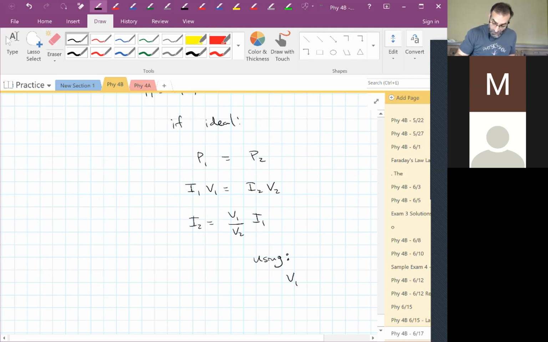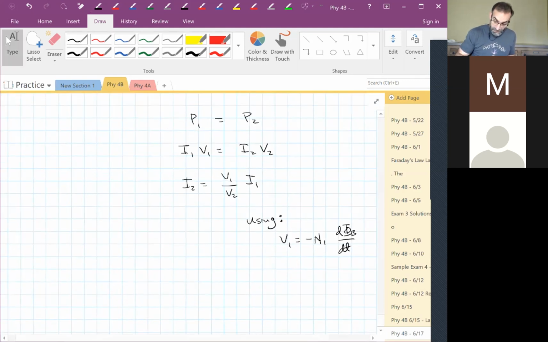Faraday's law: the voltage on 1 is minus N1 dΦ/dt, and the voltage on 2 is minus N2 dΦ/dt.